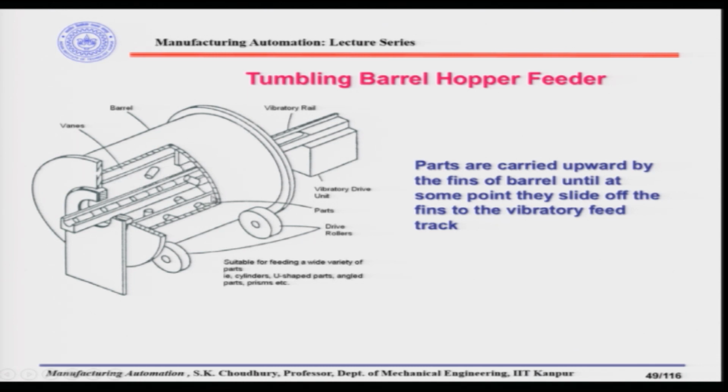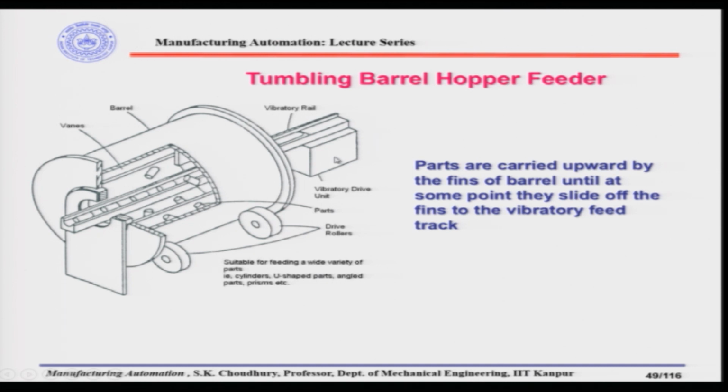Those vanes, while rotating, take the parts from the base of the barrel where the parts are located, and while going up or rotating further, the parts fall from the vanes onto the track which goes through the center of the barrel. The track is a vibratory track, and it works as a vibratory rail based on the principle that we have discussed in the vibratory bowl feeder.